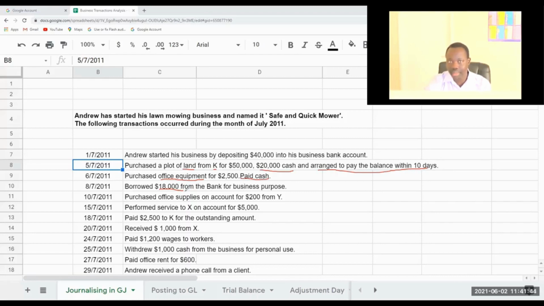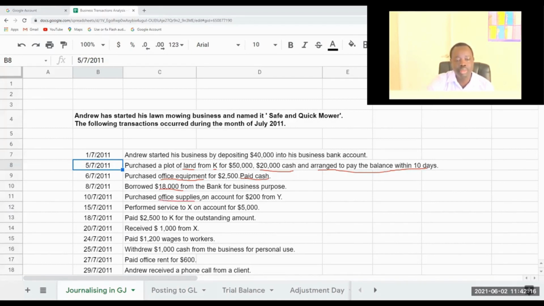So what do you think about the rules of our accounting equation? Is it balanced or not? If we have $18,000 cash on the debit side and $18,000 of loan on the credit side, that's balanced. Let's go to the 10th of July.